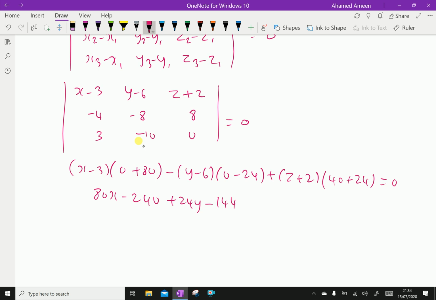Next is 64z, because 40 plus 24 is 64, and plus 128 equal to 0.